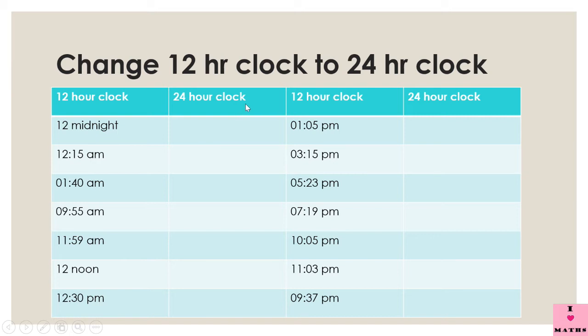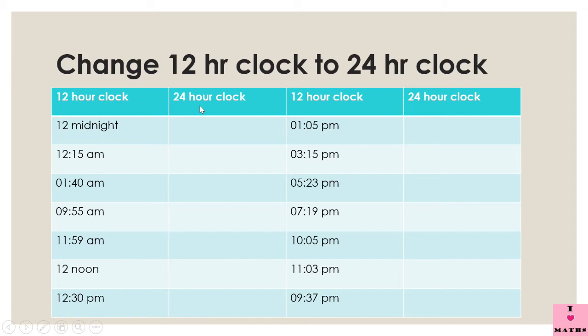Instead, we write hours. In 24-hour clock time, we use 4 digits to express time. The first 2 digits tell us the hours and the next 2 digits tell us the minutes.